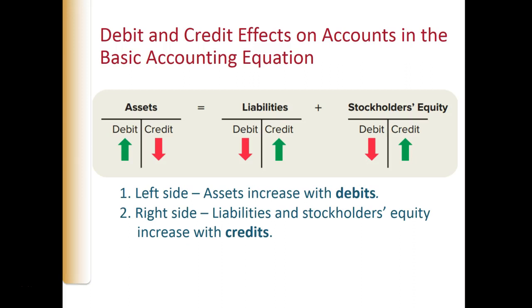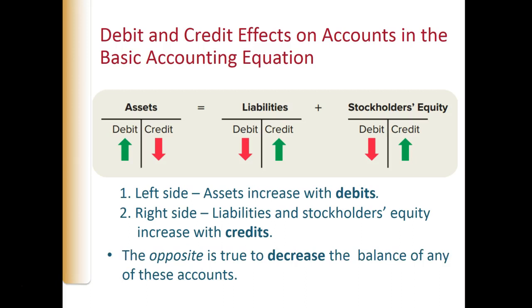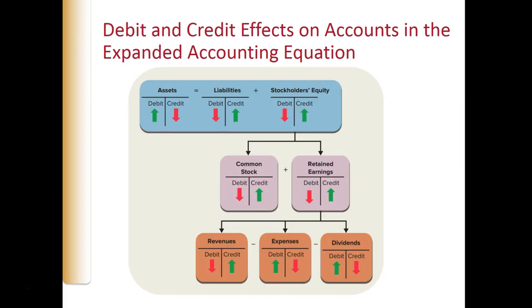Because again, the normal balance for assets is a debit, which means what makes it increase? We debit it to make it increase. To make a liability or a stockholder's equity account increase, we credit it. Again, the opposite is true to decrease the balance of any of these accounts.